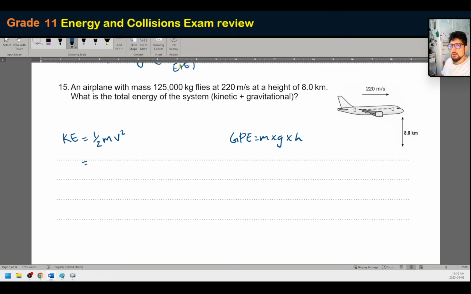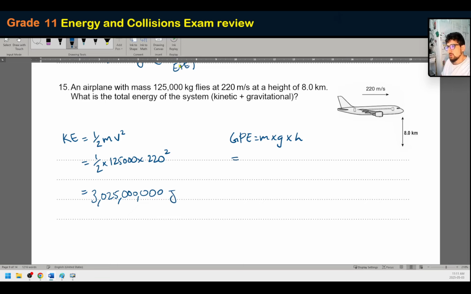So it's going to equal half multiplied by 125,000 multiplied by 220 squared. That's going to give me the total kinetic energy, which is going to be a huge number, and rightfully so, because we're talking about an airplane here. Normally I would use scientific notation, however, just for visual simplicity, I'm going to put it this way.